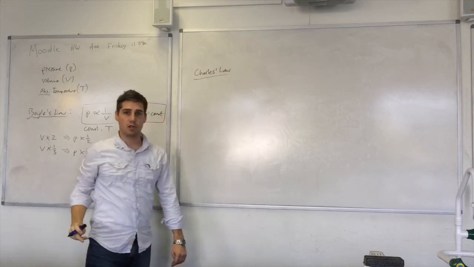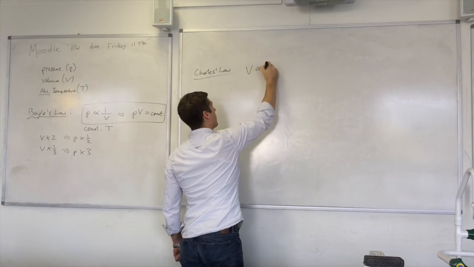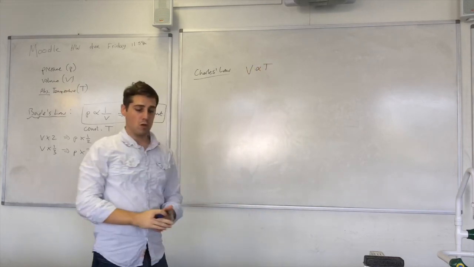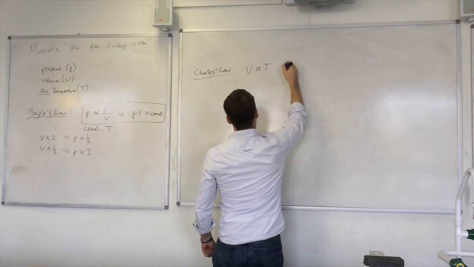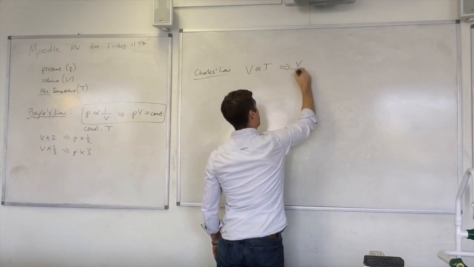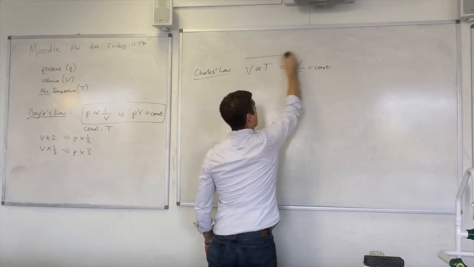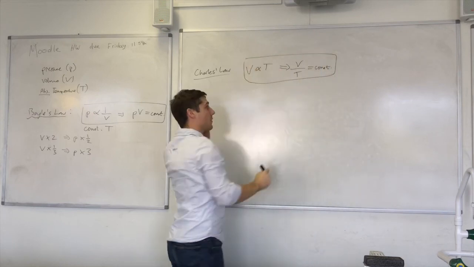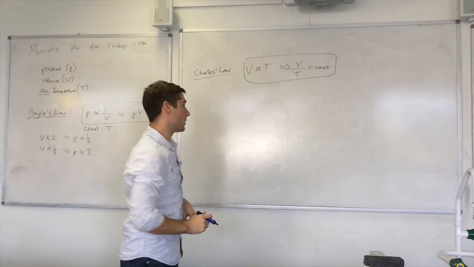Next up we have Charles's law. Volume is proportional to the temperature, so V over T is equal to a constant. Because it's directly proportional, the volume divided by the temperature is equal to a constant.